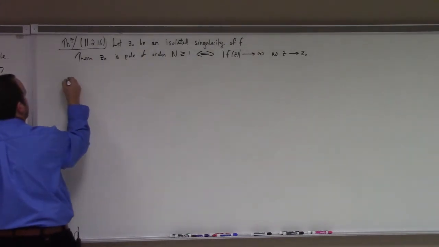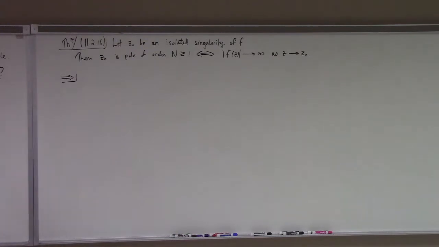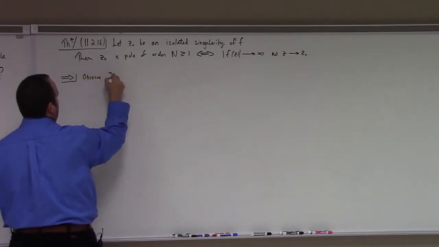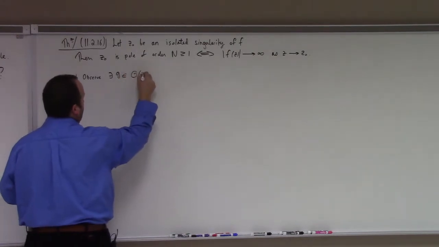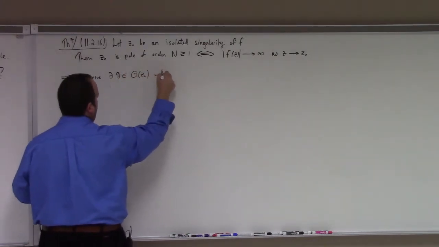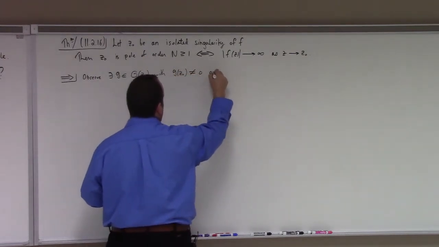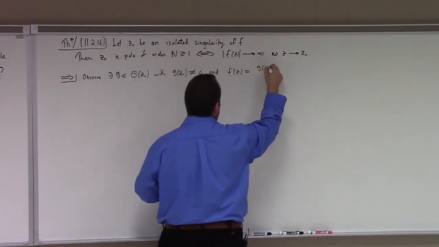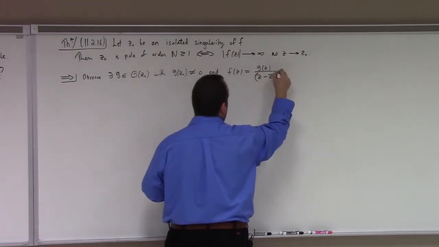All right, so let's look at the forward direction of the proof here. Suppose we have Z naught as a pole of order n, right? Observe there exists G holomorphic at Z naught with G of Z naught not equal to 0, and f of z equal to g of z divided by z minus z naught to the power n.